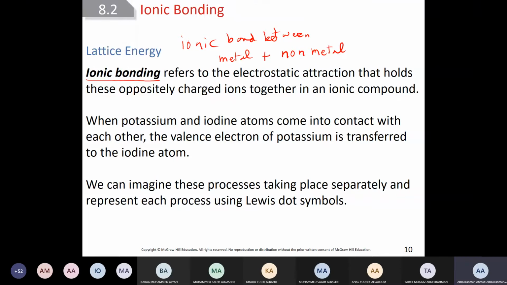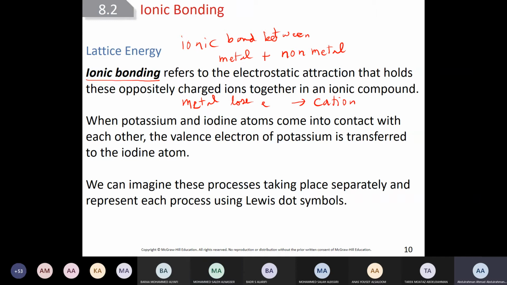First, the metal loses electrons to make a cation.